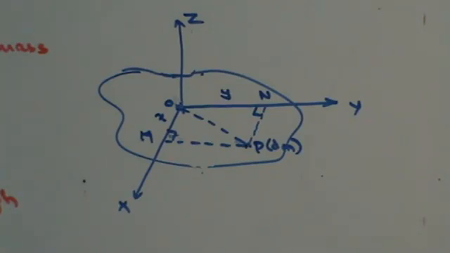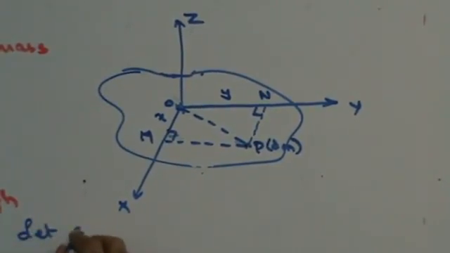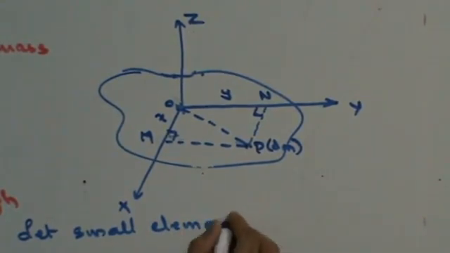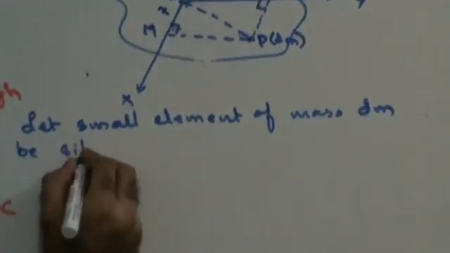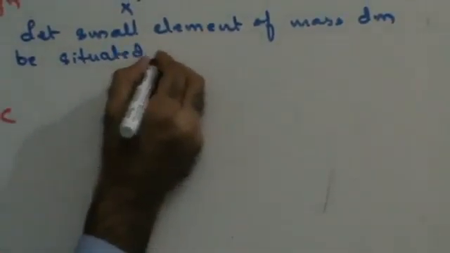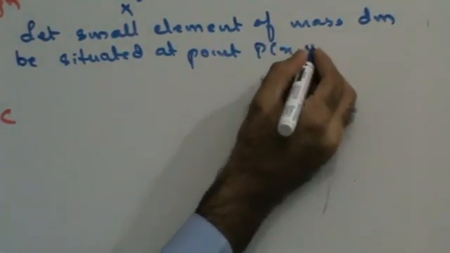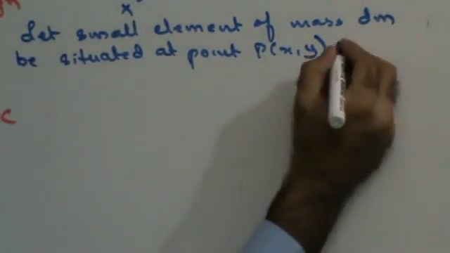Let a small element of mass dm be situated at point P(x, y) on the lamina.